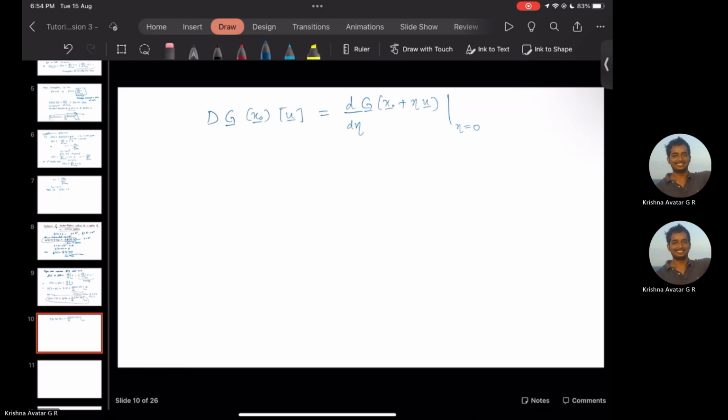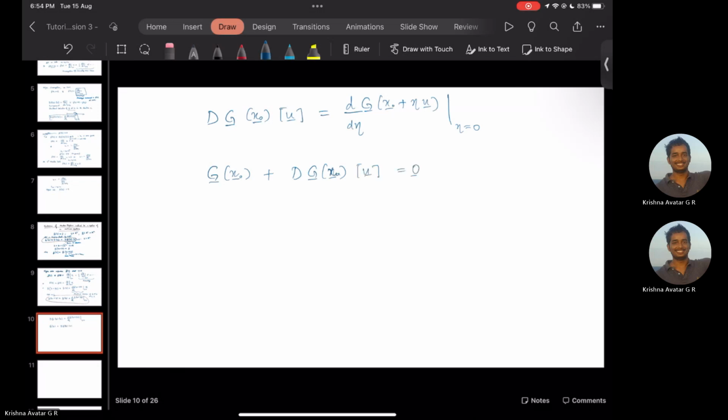Now we can have our g of x naught vector plus d of g at x naught vector.